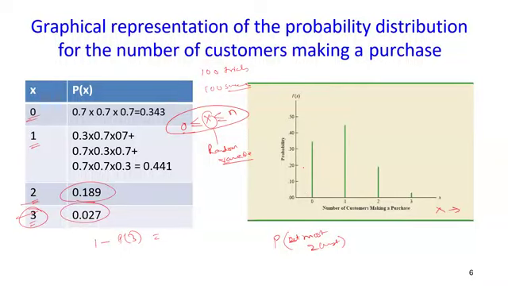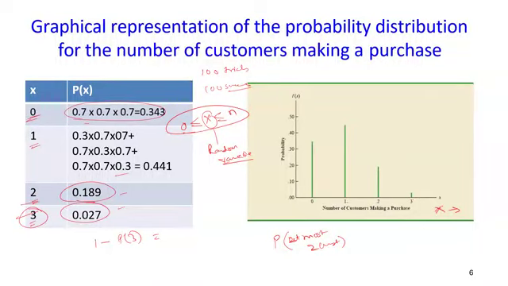Now what I have done, using this binomial distribution, is calculate the probability for every number of successes. For 0 success, I used that particular formula and calculated the probability. For 1, I calculated the probability, then 2 and 3. Now I came up with the probability of each value this random variable may take.